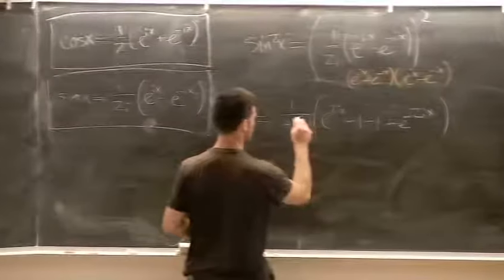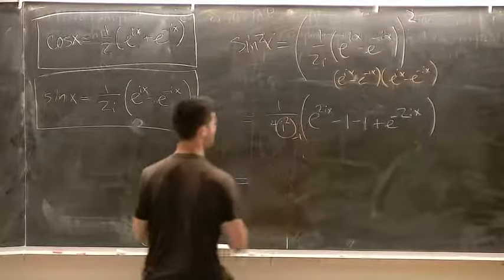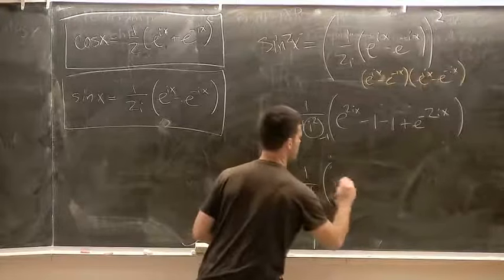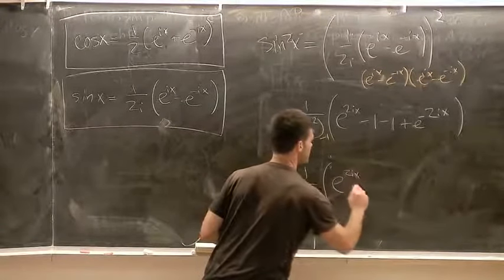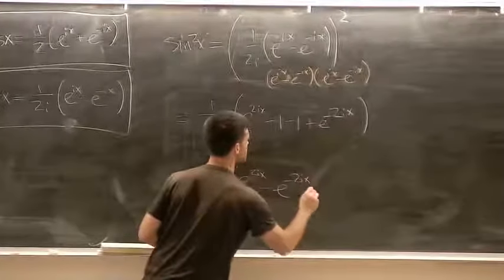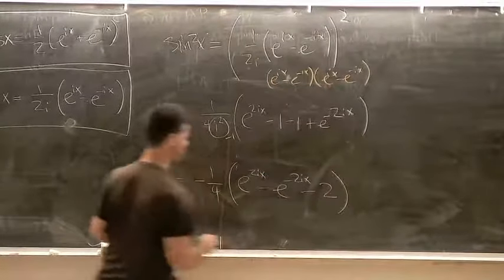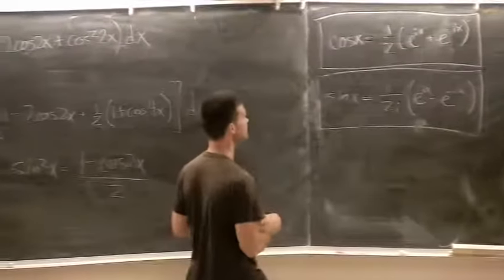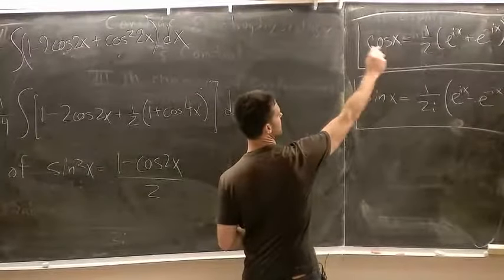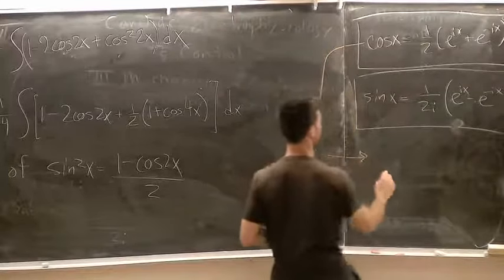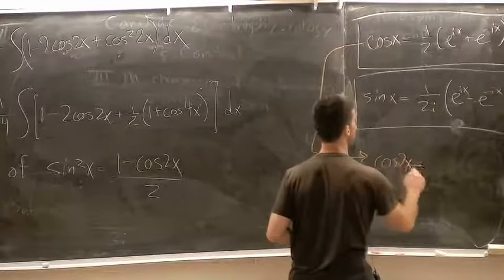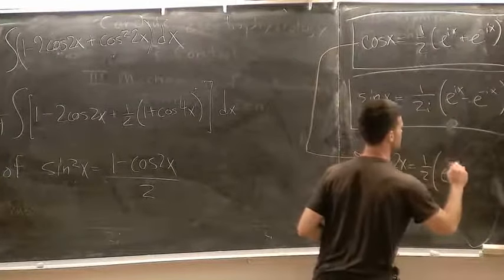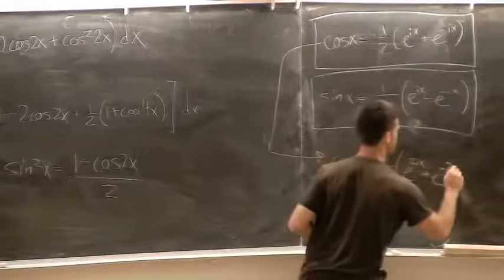So this, by the way, is minus 1. So I get a minus 1 over 4, e to the 2ix minus e to the negative 2ix minus 2. And if this is the formula for cosine of x, then, for example, cosine of 2x, you just replace all the x's with 2's here, is e to the 2ix plus e to the negative 2ix.